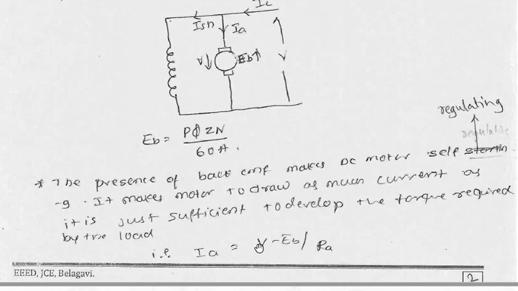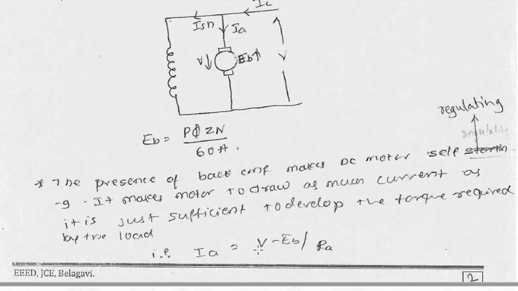For example, let us say terminal voltage 250, and we will assume armature resistance as 1 ohm, and when the motor is on no load, for the applied voltage of V equal to 250, it creates a back EMF of, let's say, 240.